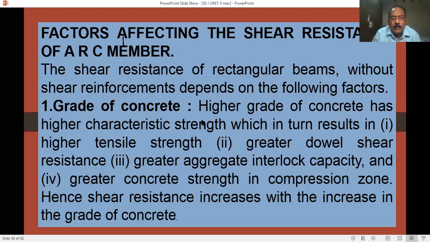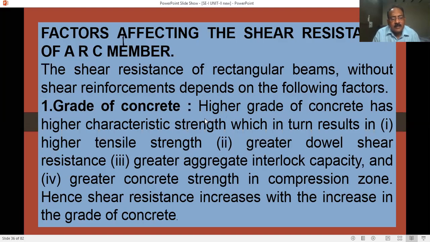Depending upon the grade of concrete, the shear resistance will be more or less. If a higher grade of concrete is used in the construction of the structural element, say M25, M30, M35 or M40, that results in higher tensile strength.